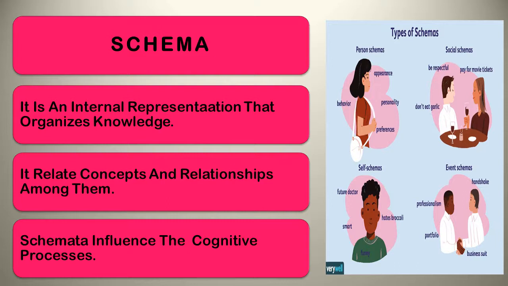For example, a child tries to organize the concepts that he has learned in a systematic way to generate a higher order understanding of patterns about information collected.